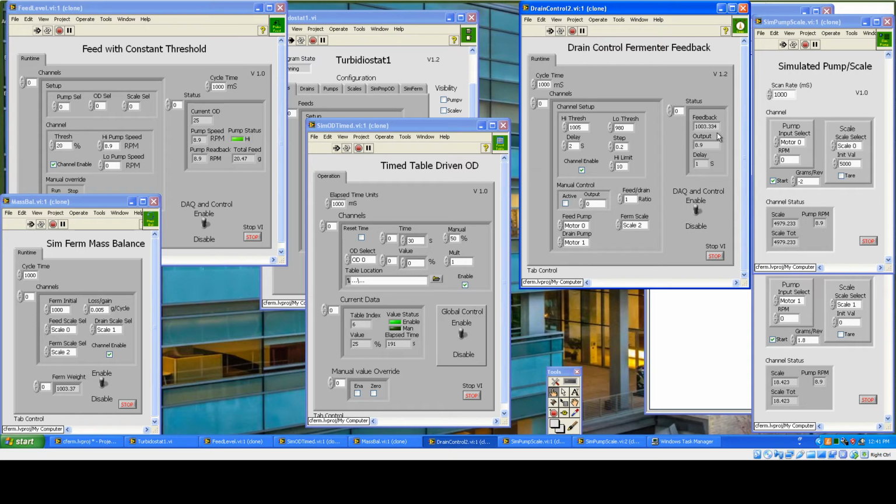So we can see this value slowly moving upward, and when it exceeds 1005, we will see this speed increase. One of the things I haven't noticed is the step. When it goes outside of bounds, it uses the step and the high limit. High limit is how fast it allows the pump to go, and the step is the different step sizes.